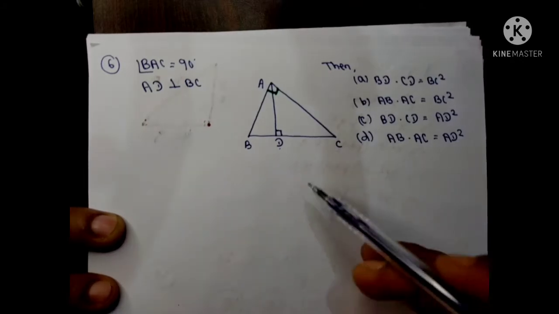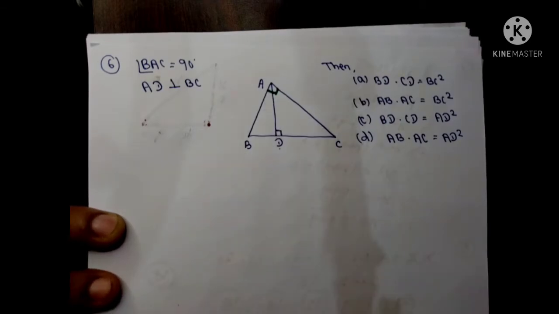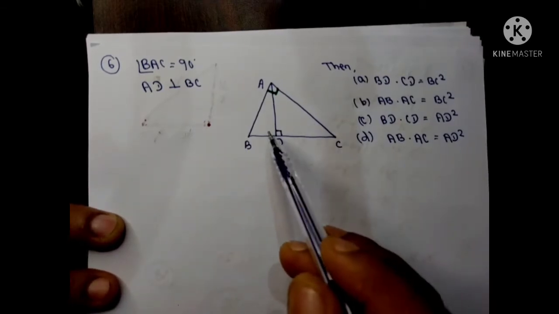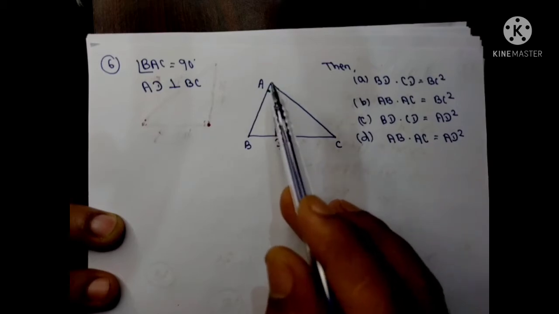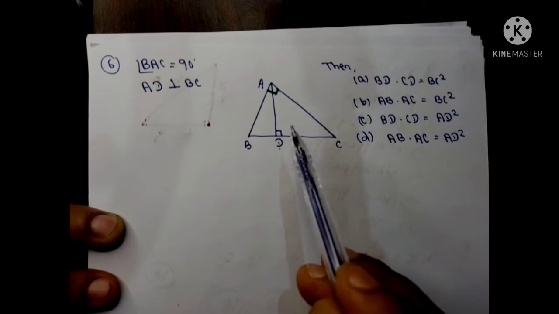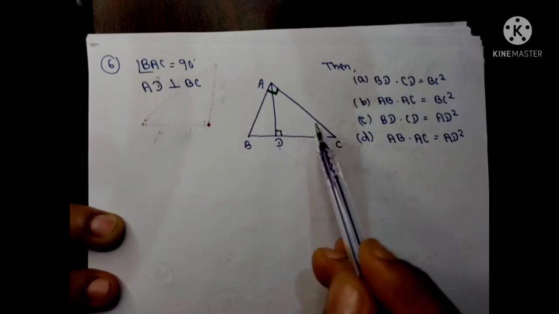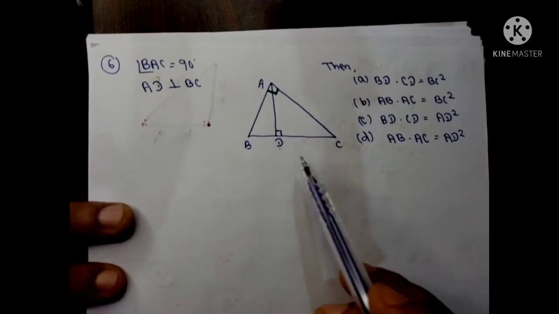So first you have to remember the theorem: the perpendicular drawn from the vertex containing the right angle of a right angle triangle to its hypotenuse divides the triangle into two other right angle triangles which are similar to each other.